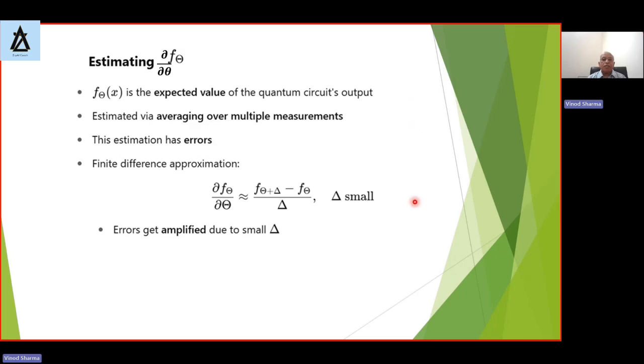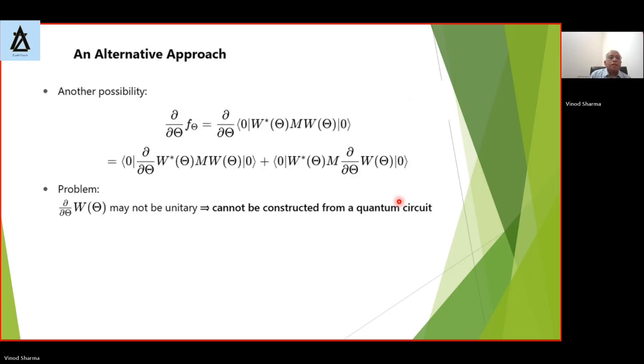If we take delta f theta by delta theta approximately to be equal to f(theta plus delta) minus f(theta) by delta, where delta is small, which is the usual approximation for gradients, then because at each f theta there will be estimation errors, computing these quantities for small delta can lead to large errors. So we look for other possibilities.